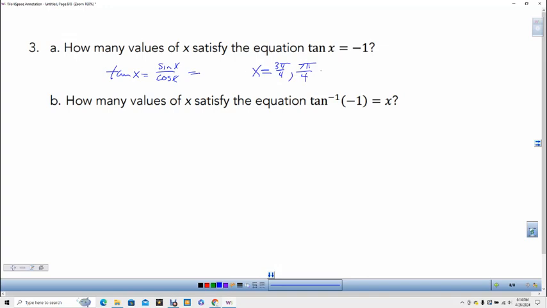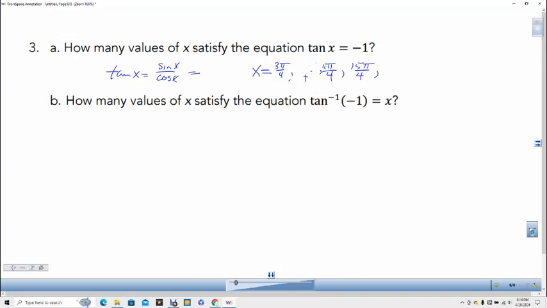And then back around, that would be 11 pi over 4, and then 15 pi over 4. And we can do this forever.